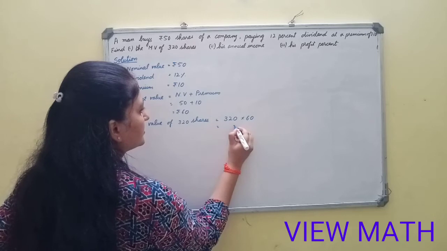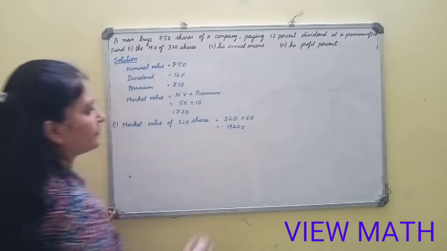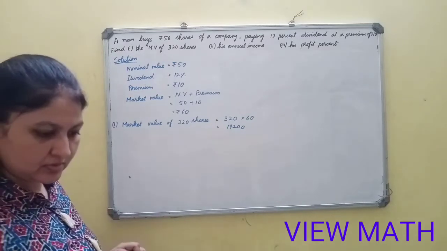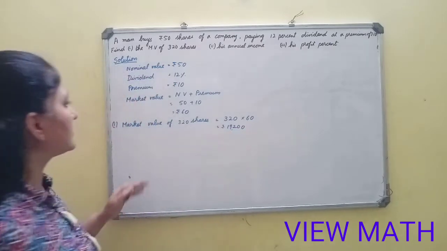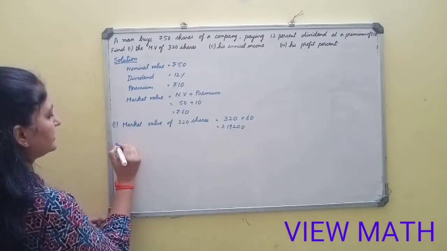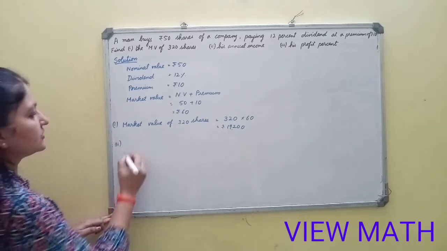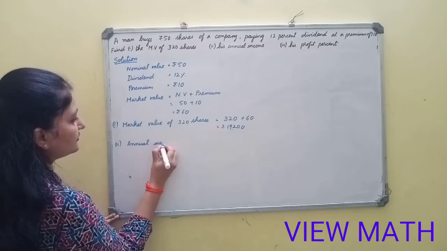So you will be getting 19,200. This is the market value of 320 shares. The first subdivision is over. Next, second subdivision, they are asking us to find out the annual income. Annual income formula. First we have to write down the formula.